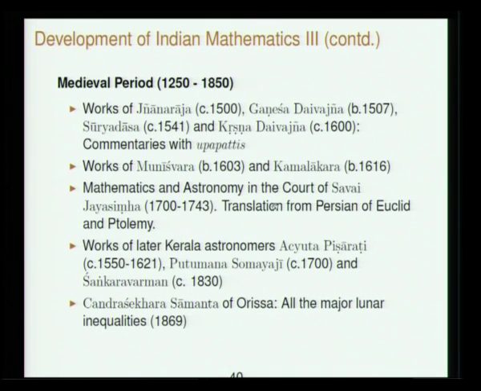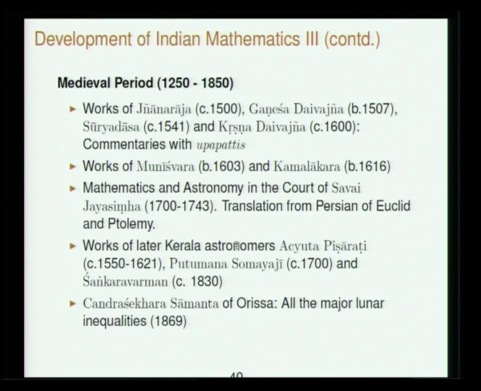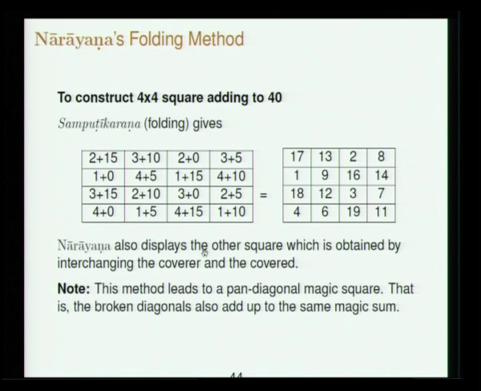The Kerala School of Astronomy also continued. The last work was Shankaravarman's Sadratnamala in 1830. There was an astronomer called Chandrasekhar Samanta in Orissa, who in fact gave by traditional methods all the major lunar inequalities in 1869.